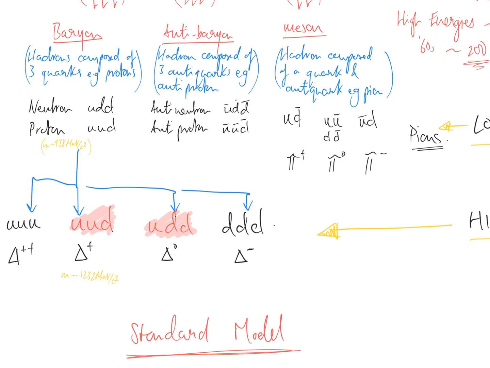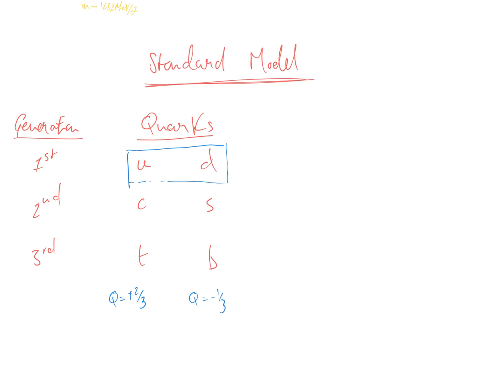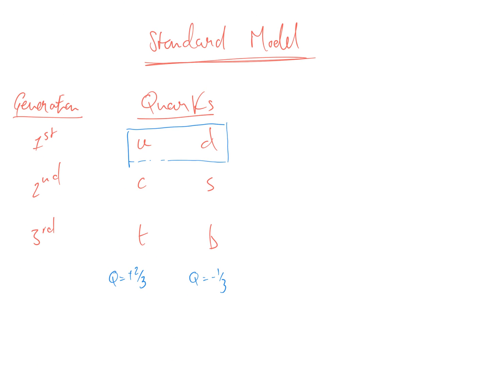But the story doesn't end there, because in the standard model, let me just write down leptons. We have our first generation, which is the electron and the electron neutrino. Our second generation is the muon and the muon neutrino.